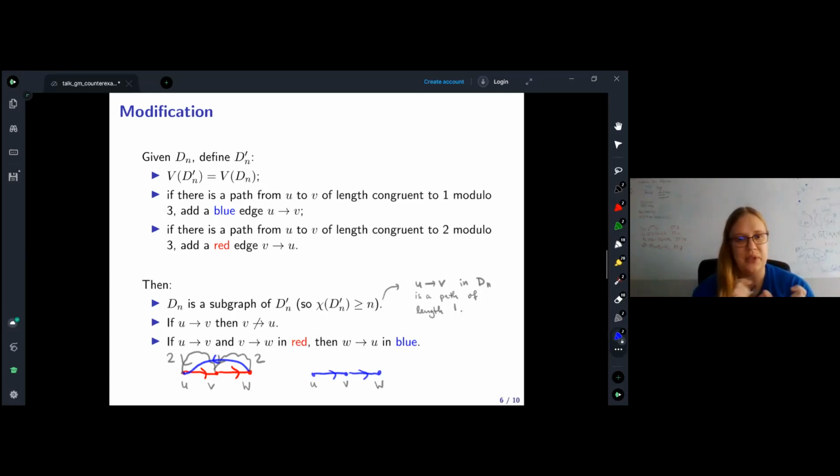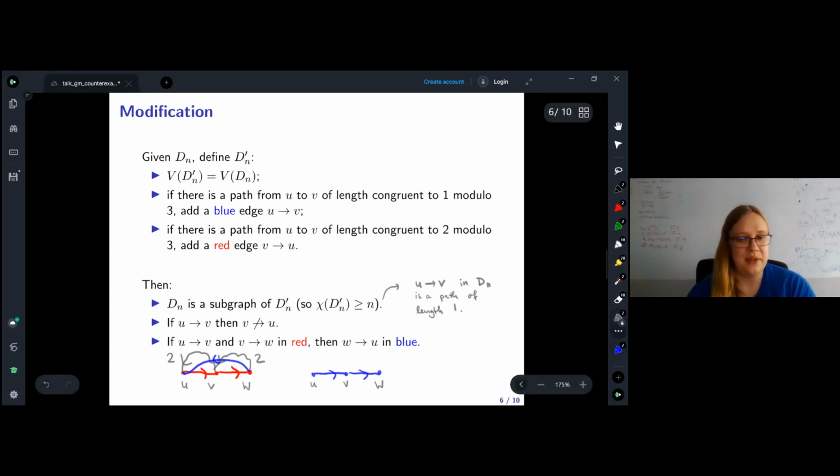And if I have two red edges in a row, they tell me that I get a certain path between the ends of that two-edge red path. And I can read off its residue because I know how long a path the red edges correspond to. So if u is red adjacent to v, and v is red adjacent to w, then I get that w is blue adjacent to u.